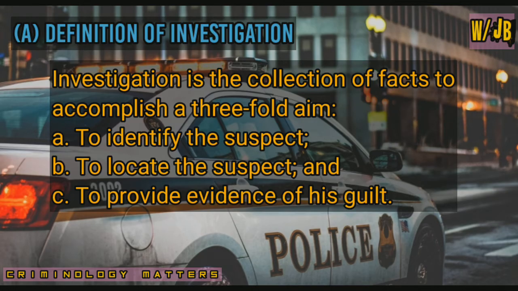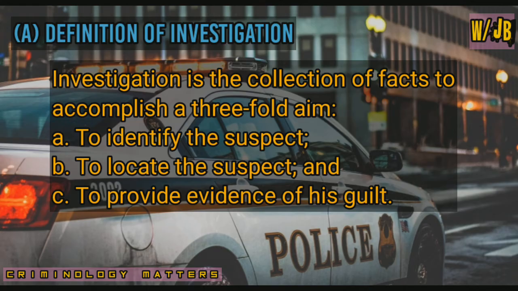So, after establishing the identity of the suspect, it is pretty much obvious that the next move that the investigation process should do is to locate the suspect. And after the suspect has been located already, then we need to provide evidence to prove his guilt. That's how criminal investigation works. Okay? It will start in establishing the identity of the suspect whenever a crime has been committed.